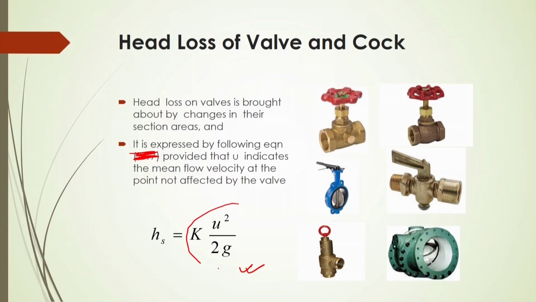So, Hs equals k into U square by 2g for these valves also. This k is the minor loss coefficient for these valves, which depends on the type of valve and cock.